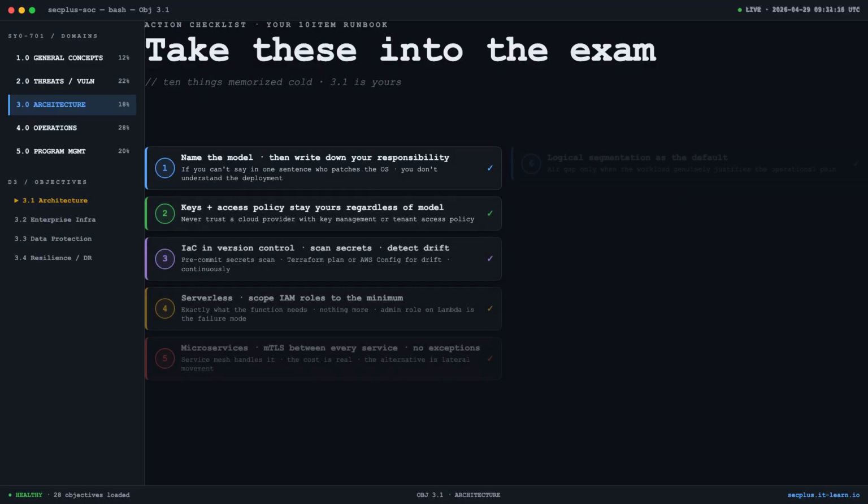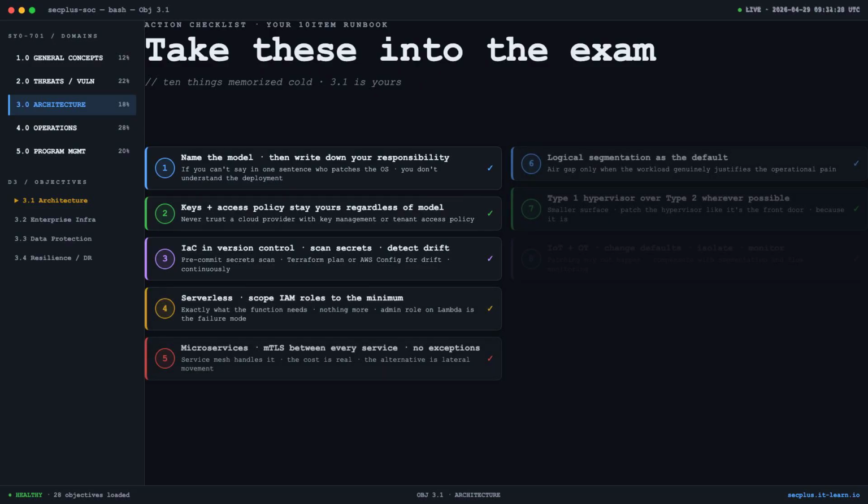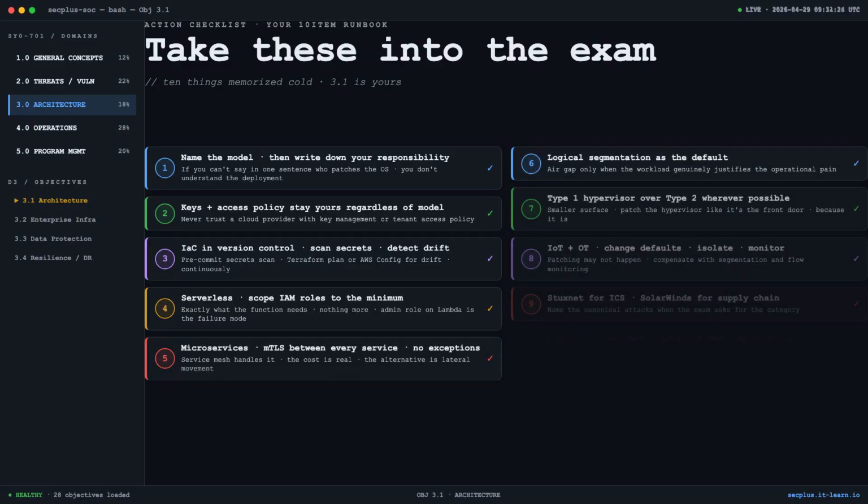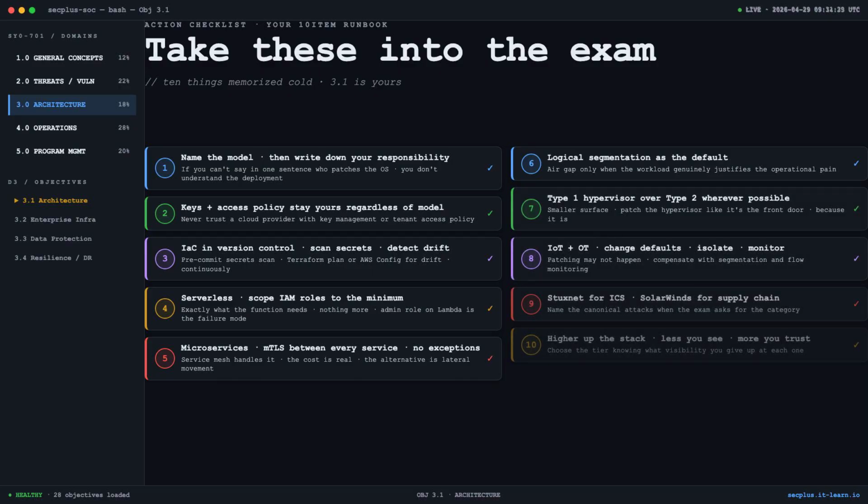For serverless, scope the IAM role to exactly what the function needs and nothing more. 5. For microservices, mTLS between every service, no exceptions. 6. Pick logical segmentation as the default and air gap only when the workload genuinely justifies it. 7. Type 1 hypervisor over type 2 whenever possible, and patch the hypervisor like it is the front door.